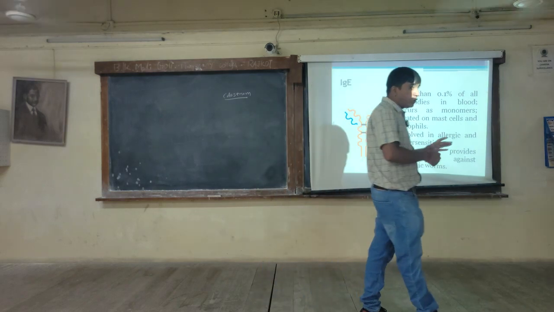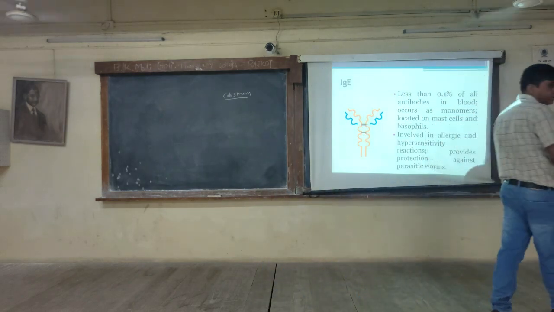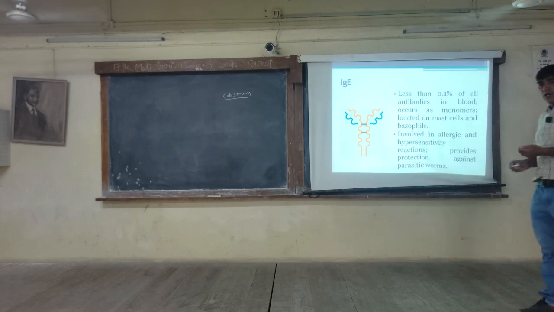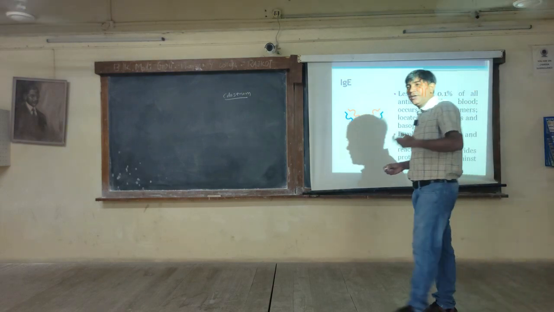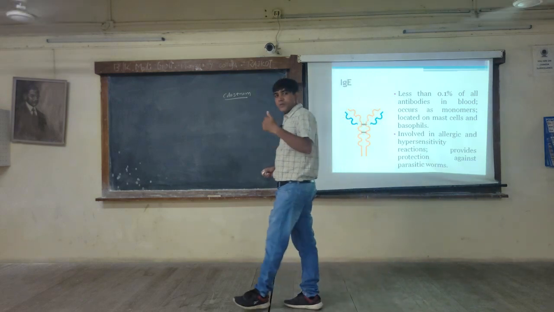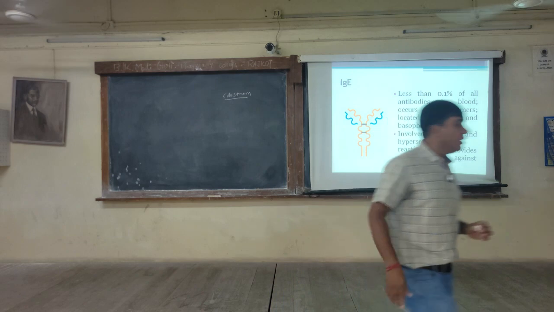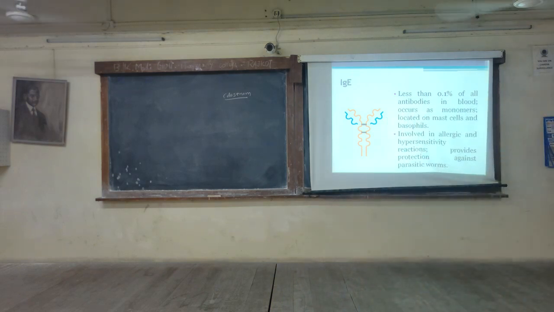Sometimes, if not controlled, it may result in death as well. If you develop any anaphylactic reaction, for example, a honeybee bite, it triggers the immune response. All kinds of allergic reactions are due to IgE molecules.